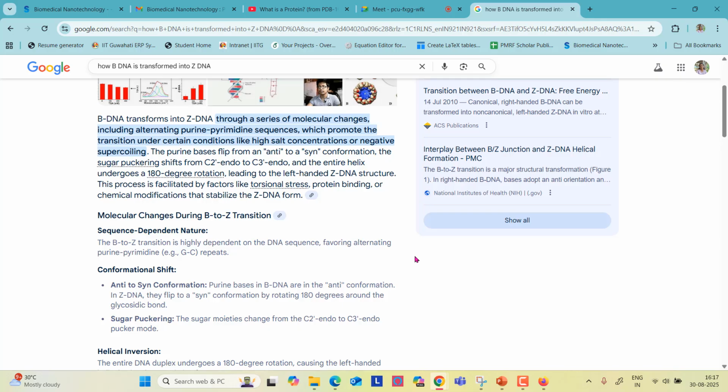I think the presence of helicases is required because the sequence of the base molecules is changing from B-DNA to Z-DNA. So that is why I think helicase is important.